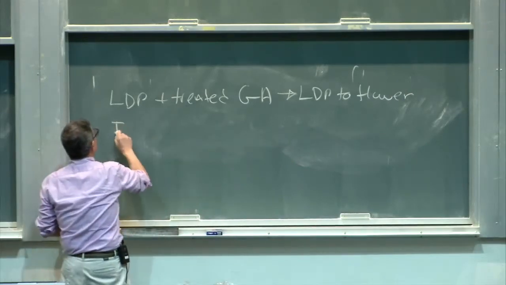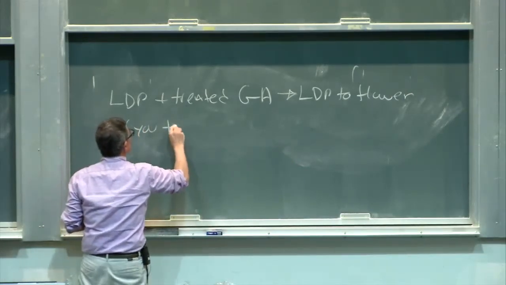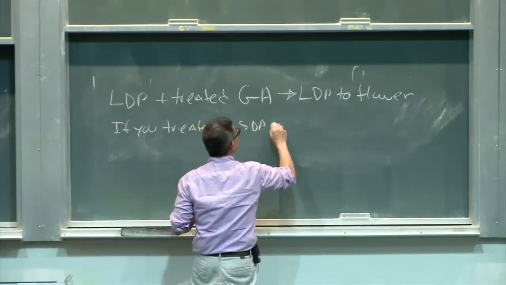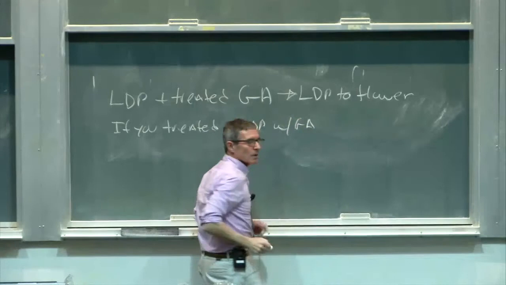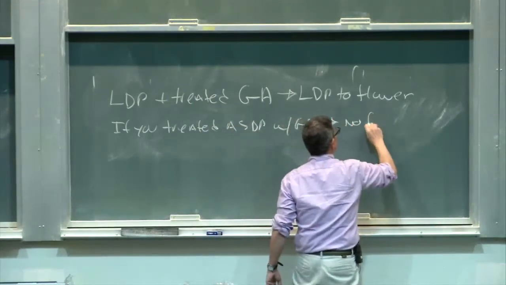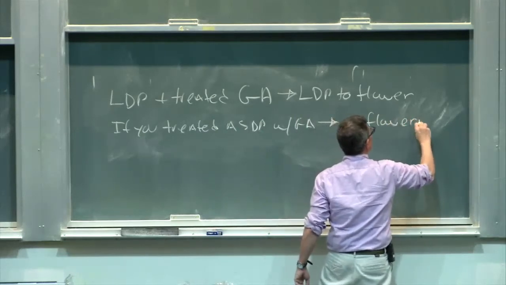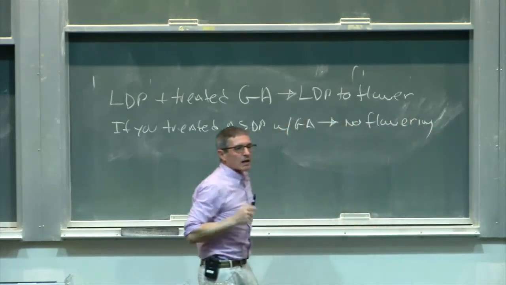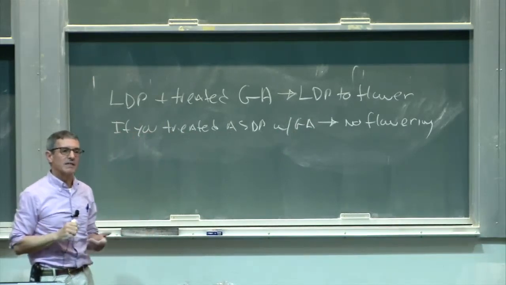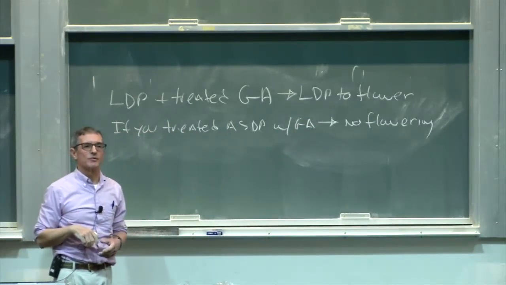But if you treated a short day plant with GA, there was no flowering. So clearly the GA could not be the universal substance, at least that's what people hypothesized to induce flowering.